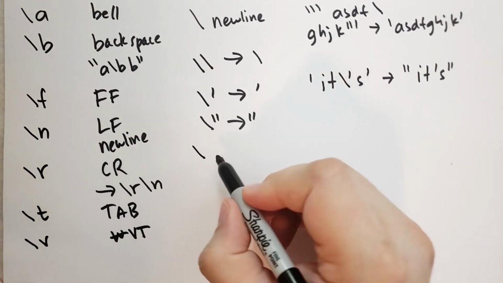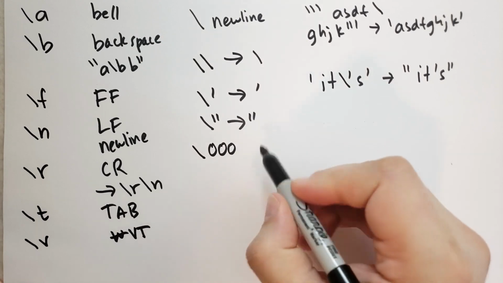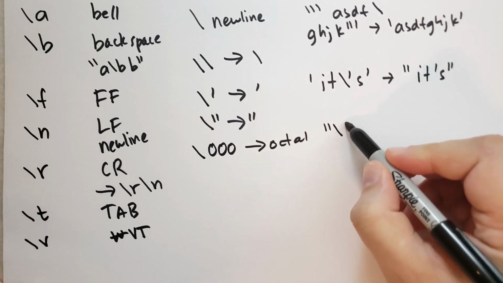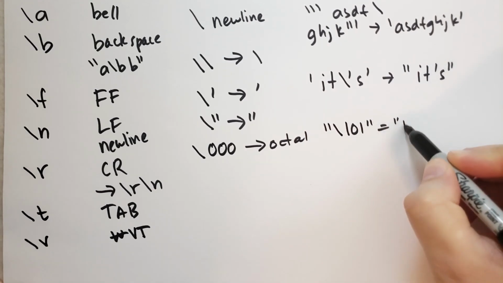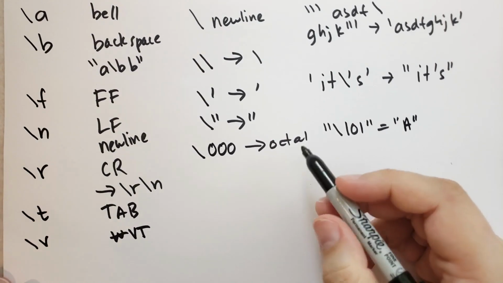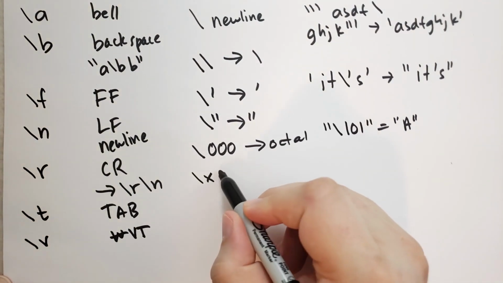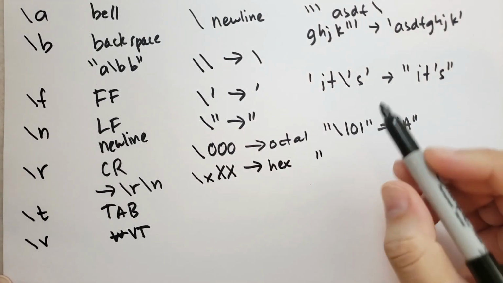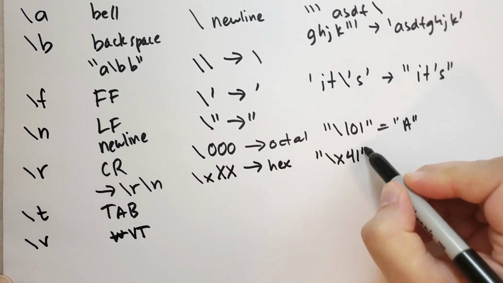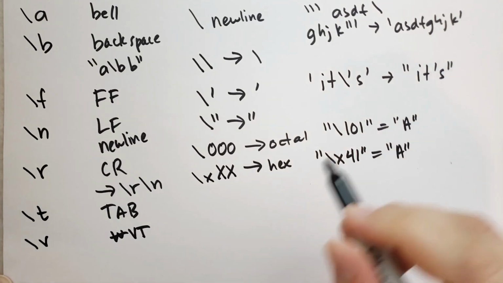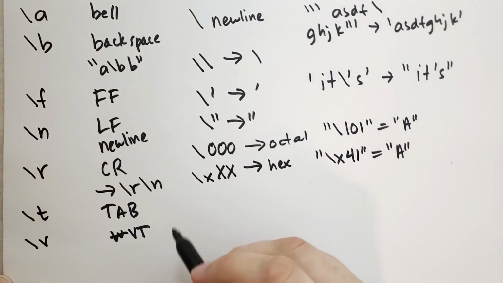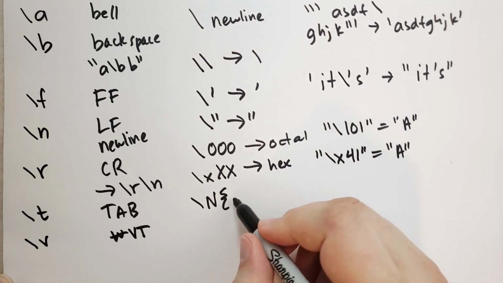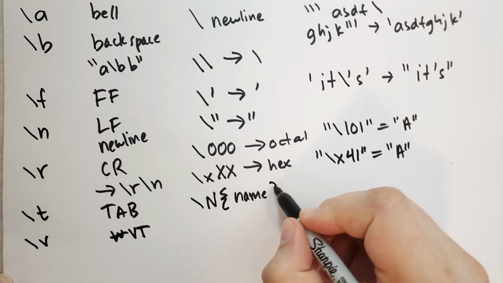If you have backslash followed by 3 octal digits, that's interpreted as octal. For instance, \101 is the letter capital A. If you have \x followed by 2 hex digits, that is the hex. For instance, \x41 is also equal to A. You could include Unicode by name with \N followed by curly braces and then the name of the Unicode code point.